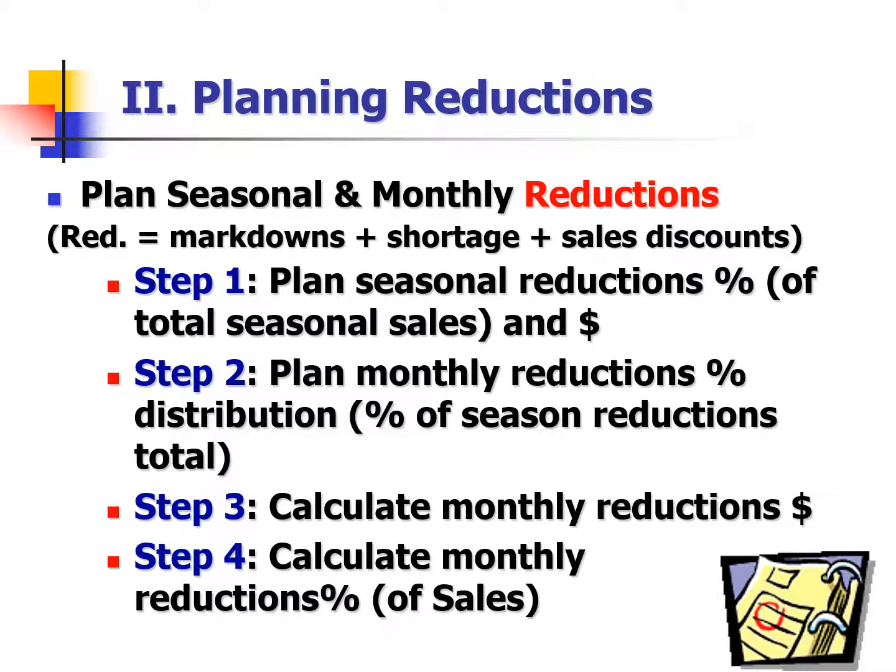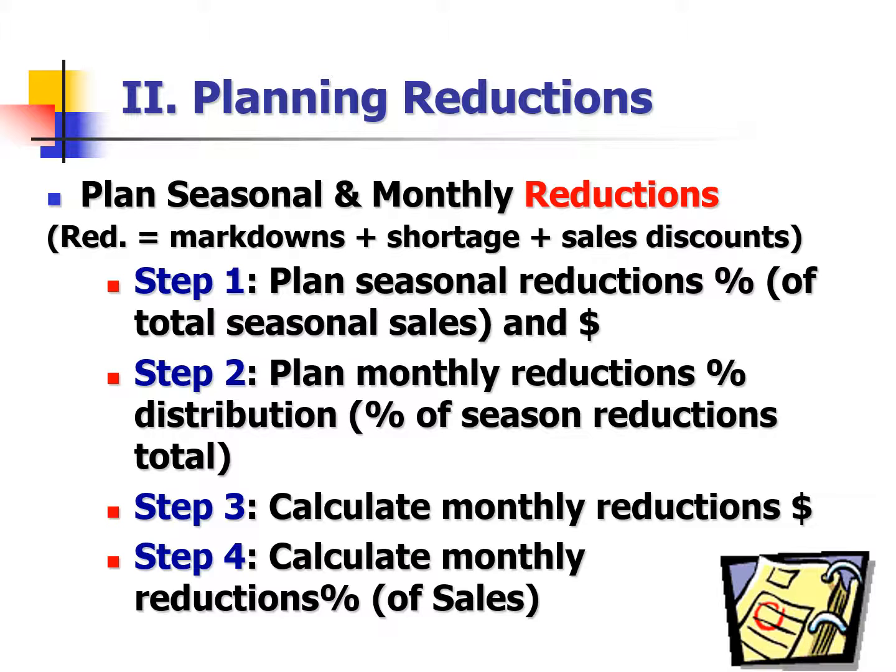The last step here is once we have already calculated this reductions percent distribution for the 6 months, so it's kind of like reductions percent, but these are percent of seasonal reductions total. Whereas, when we talk about reductions percent, it's usually reductions percent of sales, right?